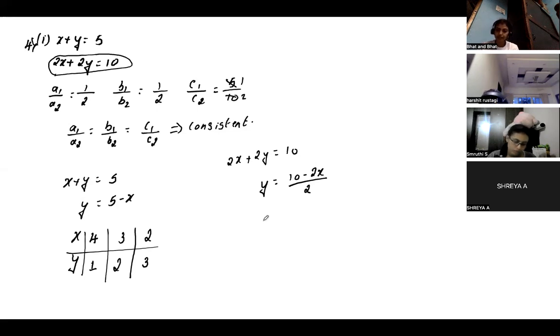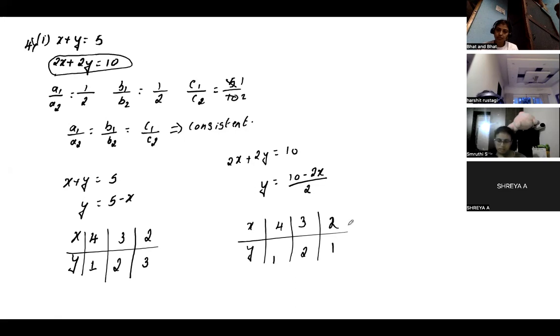Now simply let us write the x and y. Since they are coincident, we will take the same numbers: 4, 3, 2. If you take 4, you will get 1. If you take 3, you will get 2. If you take 2, you'll get 3.